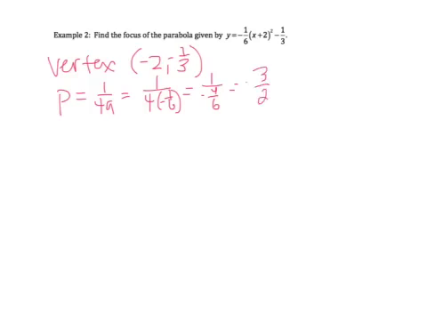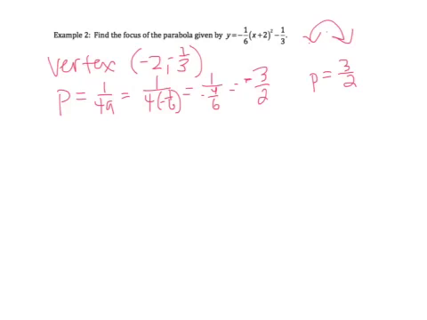Now, if I were actually asking you for what p was, you would tell me that p is 3/2 as your final answer, because p is a distance, so it's always going to be positive. But in this case, the negative out in front tells me that this parabola opens down, so my focus is going to be below my vertex.